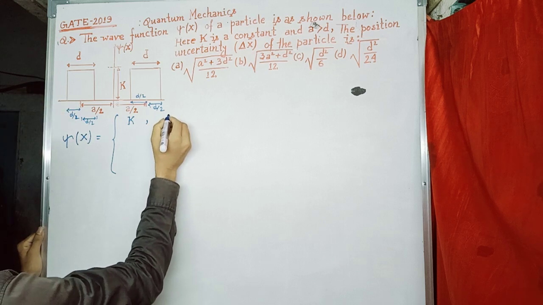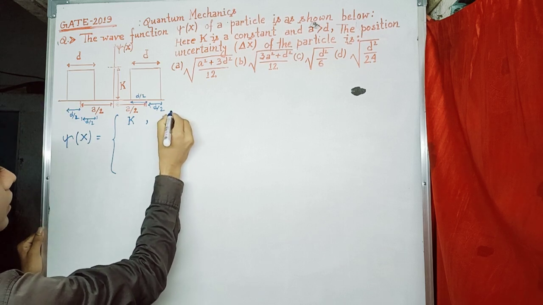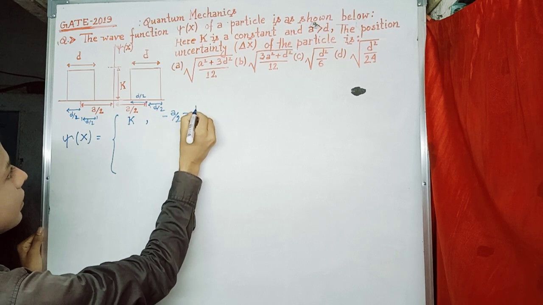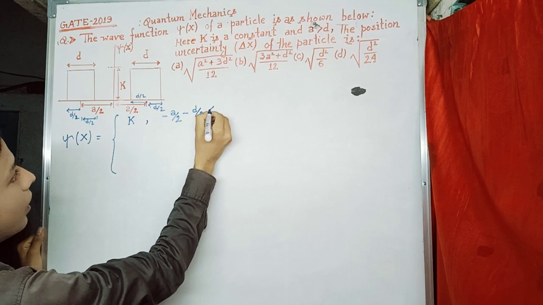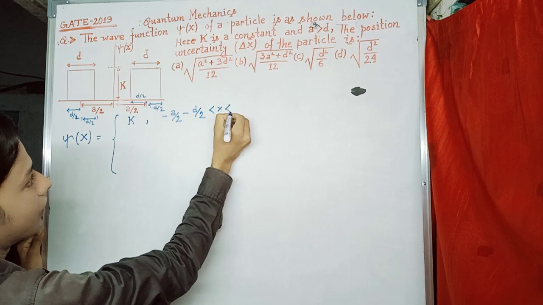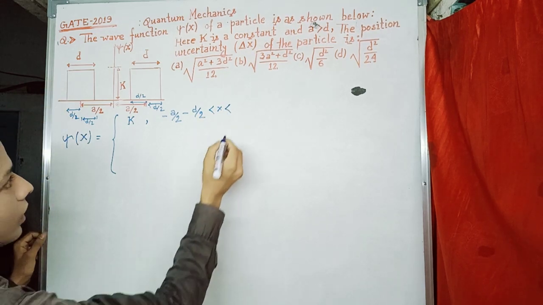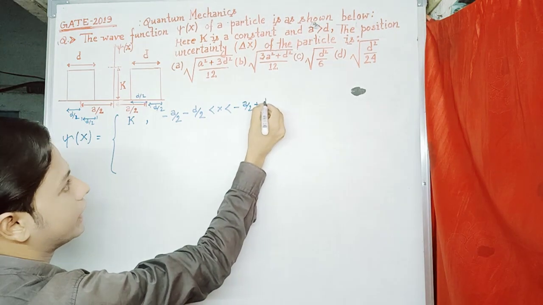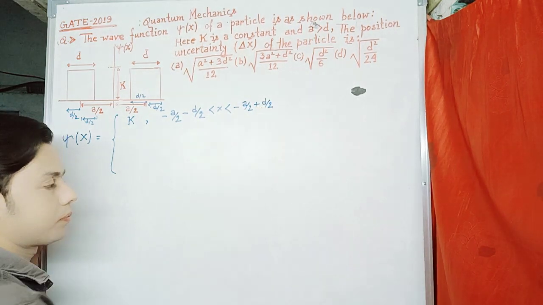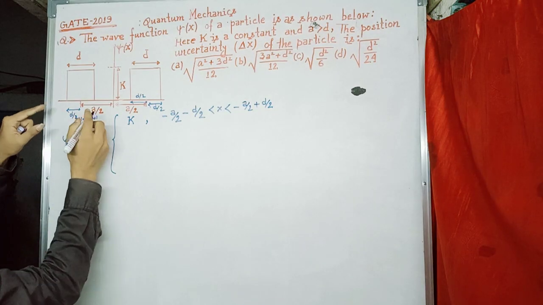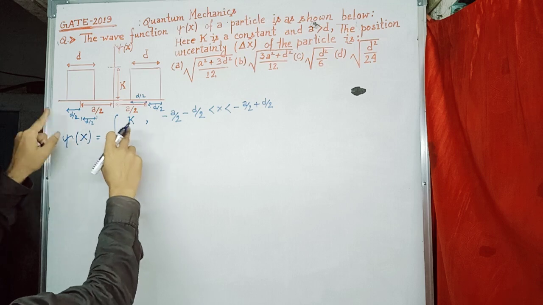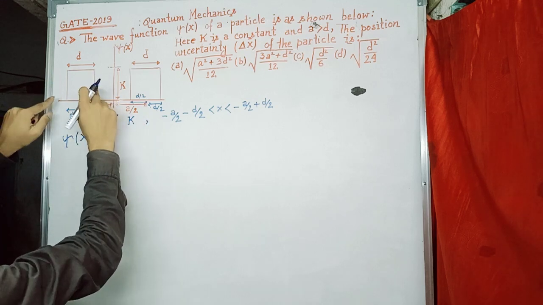So from this condition we are seeing that psi of x will be k when minus a divided by 2 minus d divided by 2 is less than x less than minus a divided by 2 plus d divided by 2. And again this value of psi of x is valid when the wave function lies in this region.